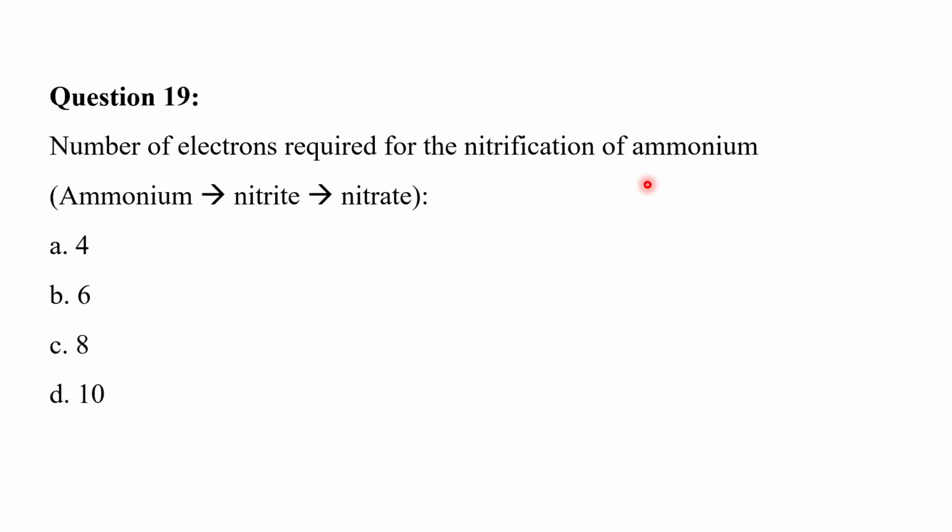Can you answer? So I'll give you a hint. You can write in your notebooks and try to solve this also. It's not very difficult. So ammonium is basically NH4+, and nitrite is NO2-. So if you write NH4+ goes to NO2- and try to balance the equation, you will get the number of electrons that are required for this first step.